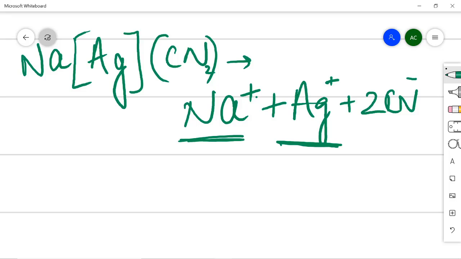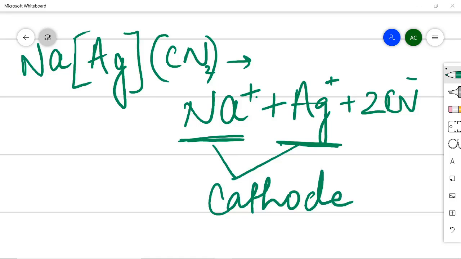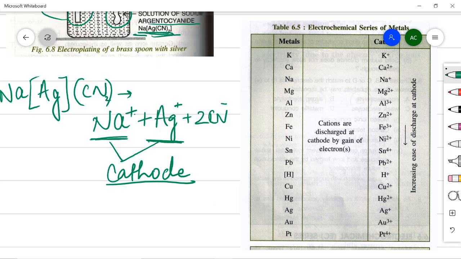Now here you can see that sodium and silver both are positive ions. So remember, they both will go to the cathode, but who will be discharged? How will you come to know who will be discharged? For this we have to check the electrochemical series of metals. Let's see the position of sodium. Sodium is here on the top and silver is below sodium, much lower, isn't it? So who will be discharged first? This one, because the element which is down in the series gets discharged first.